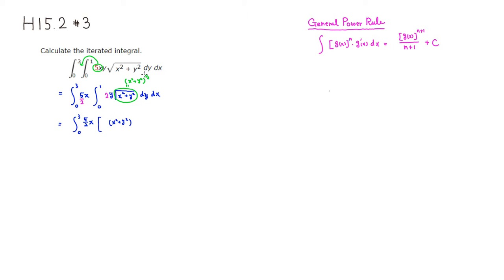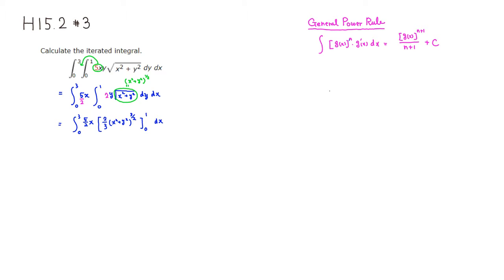N in this case is 1/2, so it's going to be the 3/2 power. Then dividing by 3/2 is equivalent to multiplying by 2/3. So I'm going to put that, and this is going from 0 to 1. Then we still have to do the integral with respect to x.